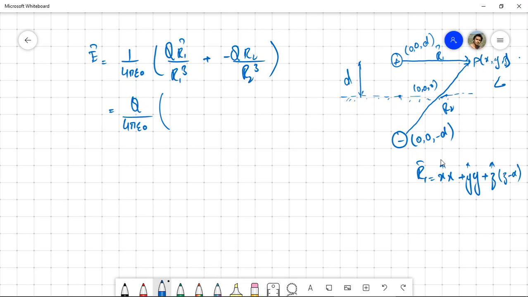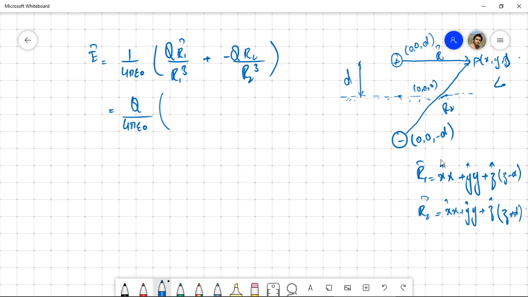This is the value of r1. If we want to calculate the value of r2, this will be x hat x plus y hat y plus z hat, but now z minus minus d, so z plus d.